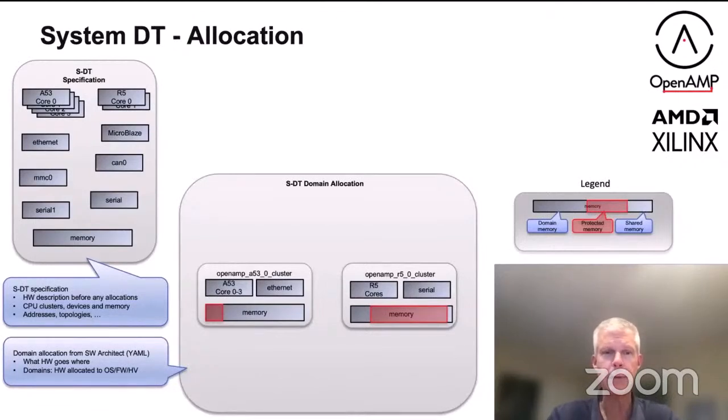In this first example, we are going to have two different domains, one for Linux and one for a bare metal. The Linux is running on the Cortex-A's, on 4 A53s, and we're going to allocate some memory and some devices to it, and also have some shared memory. And then the other cluster is running on the R5 cores.